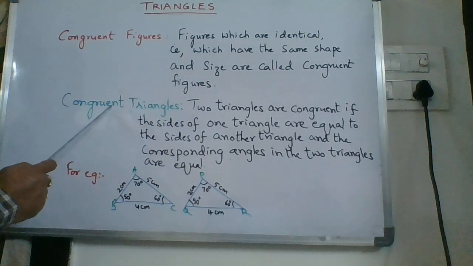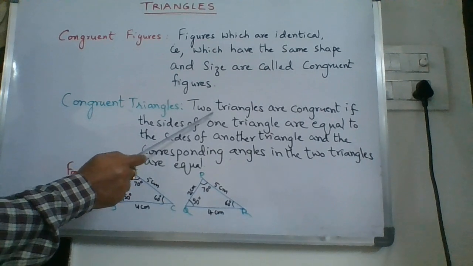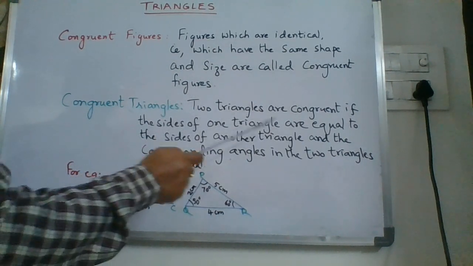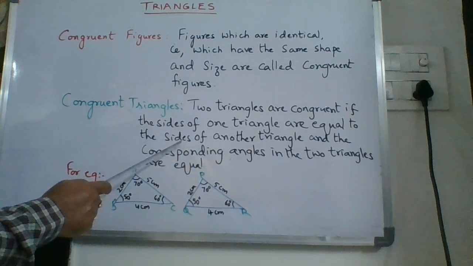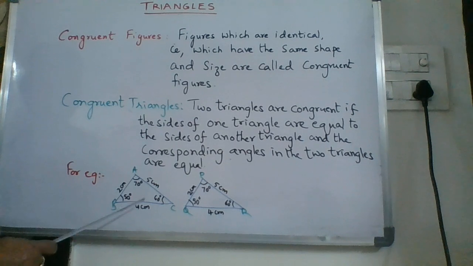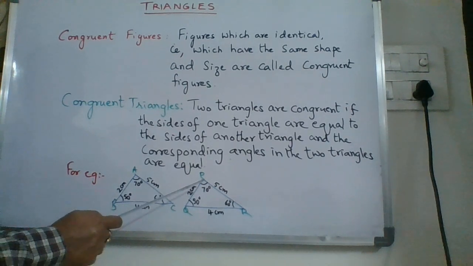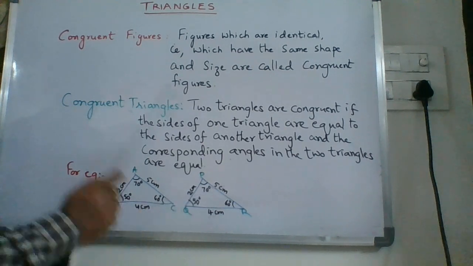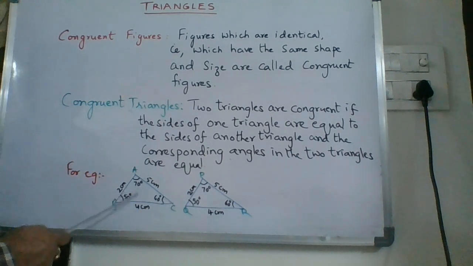Like that, the definition of congruent triangles is: two triangles are said to be congruent if the sides of one triangle are equal to the sides of another triangle and the corresponding angles in the two triangles are equal. For example, consider these two triangles. In this triangle, the sides are 2 centimeters, 4 centimeters, 5 centimeters. In this triangle, 2 centimeters, 4 centimeters, 5 centimeters, and the angles are also identical.